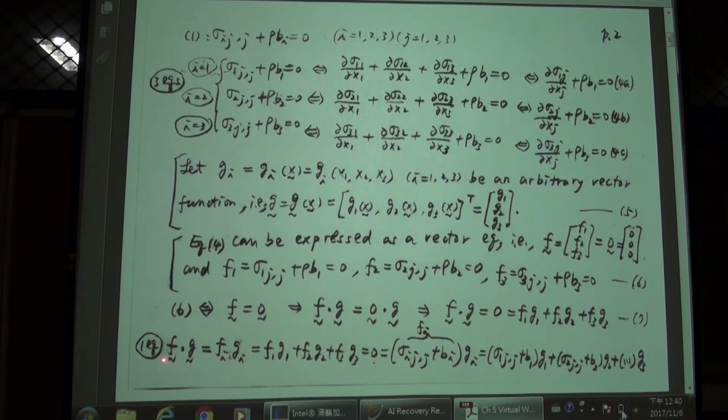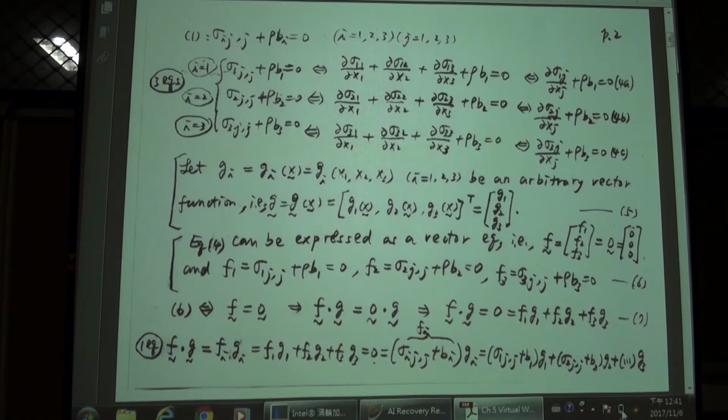Let me repeat here. We have only one equation now. Understand? We have F dot G equals 0, which is only one equation. Remember before, we have three equations for the equilibrium relation. Why 3? Because we have equilibrium relation in three directions: x1 direction, x2 direction, and x3 direction. So we have three equilibrium equations. But now, after the inner product operation, we turn these three equations into one single equation.